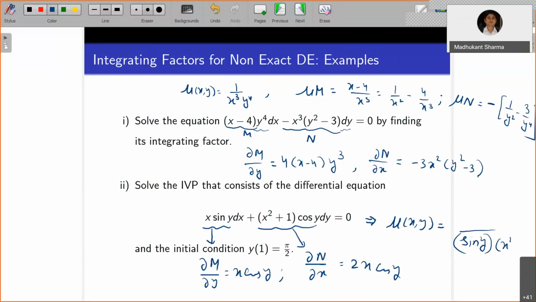You have x² + 1 upon this, and I can choose this μ here. After I multiply, what remains is x/(x² + 1) and this is going to be cos y/sin y. The x² + 1 gets cancelled, and the resulting equation becomes an exact differential equation, and you can solve it in the same fashion.